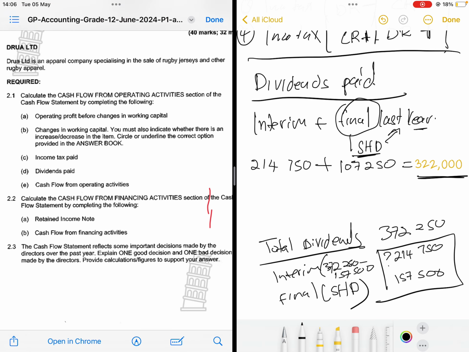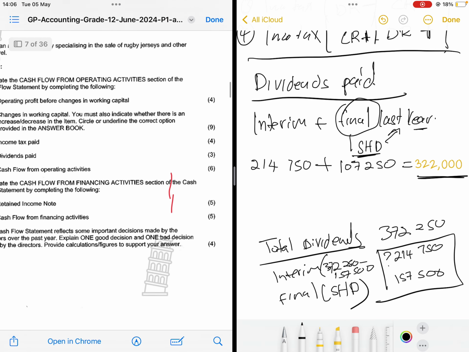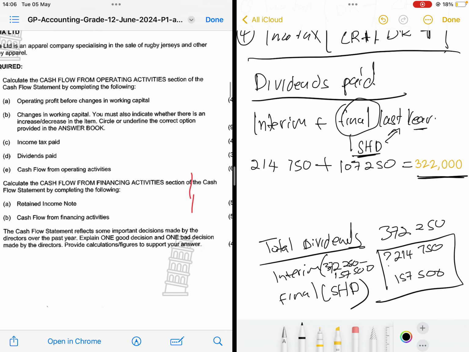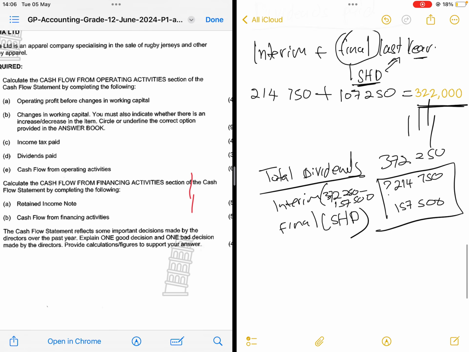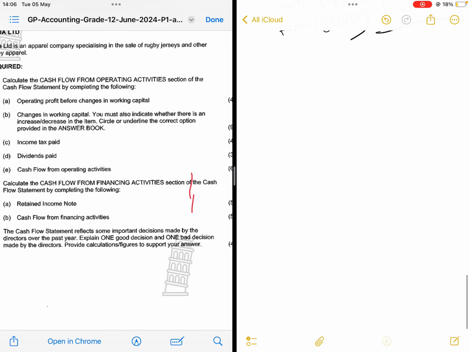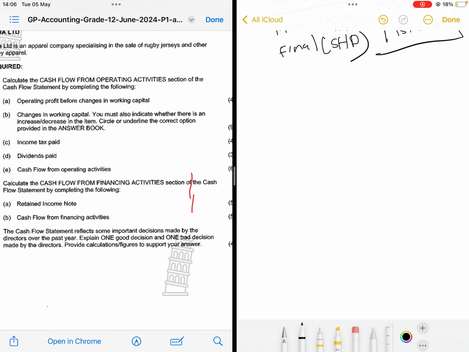Now they say cash flow from operating activities, 6 marks. Easy marks now. Easy marks. It's cash flow from operating activity.